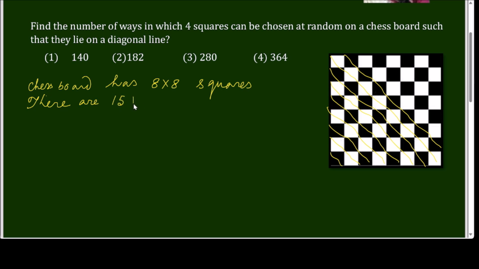These 15 main diagonals run from top left to bottom right, and the opposite of these are the anti-diagonals.